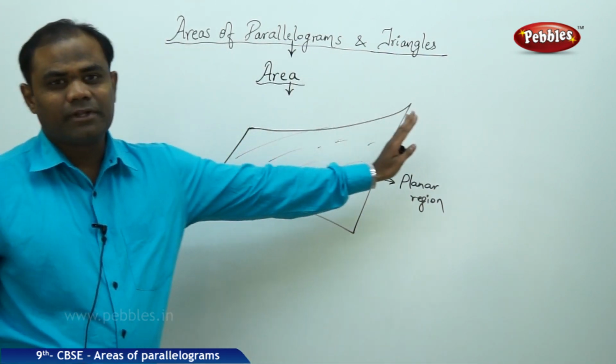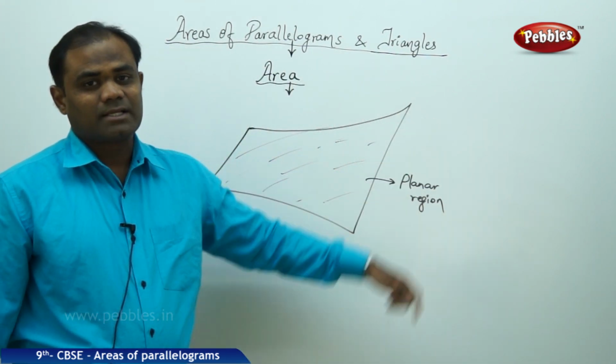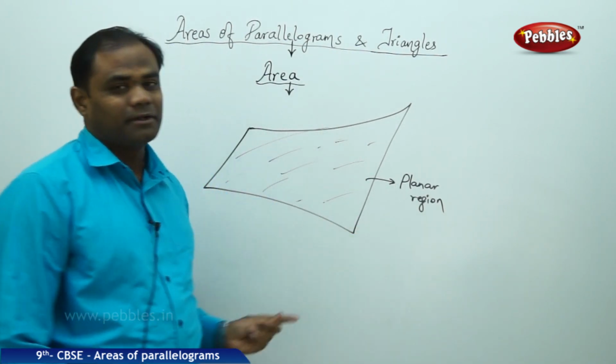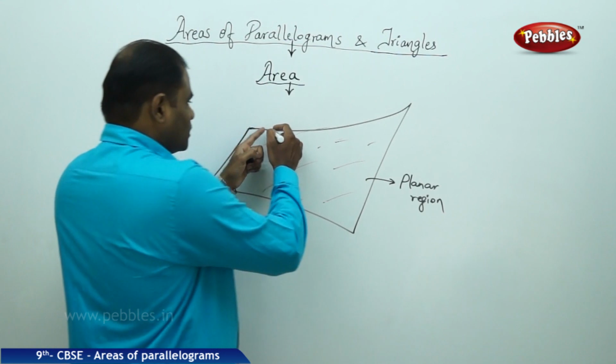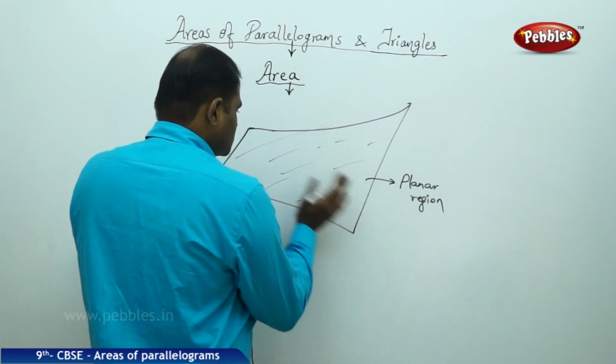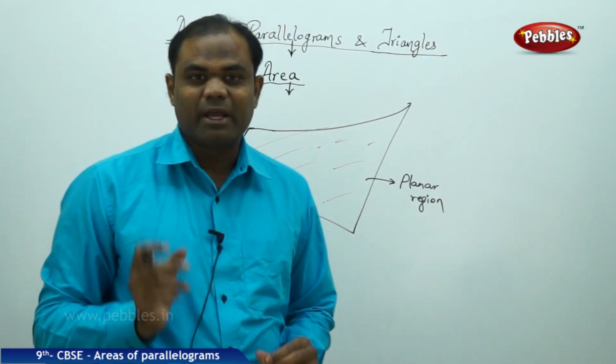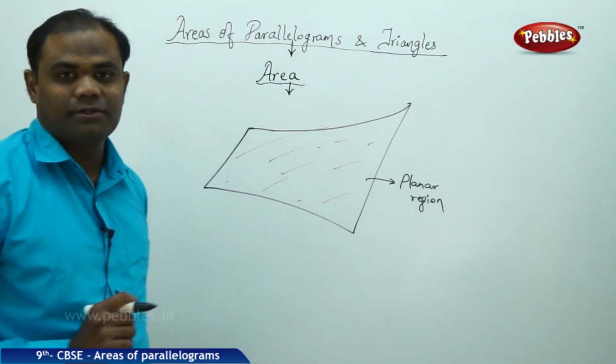So this planar region has area, which is called the magnitude or measure of this planar region. That is, the entire boundaries within whatever region is covered, we call that the magnitude or measure of the planar region.